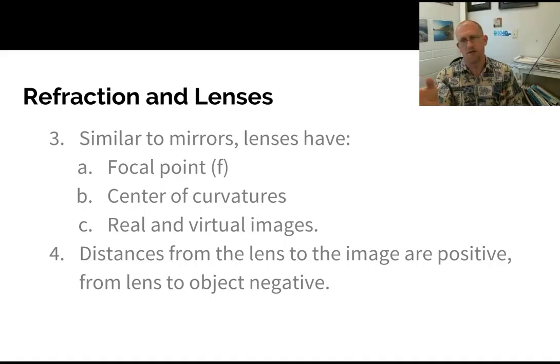Then as it goes out to the image, that will be a positive measurement, and a negative measurement going back towards the object that it's imaging. So think of it as light just travels in the positive direction. It's the light of the object, or light bouncing off of the object, going towards a lens. It's going to move in the positive direction. It'll be moving towards 0, the lens is 0, and then it'll keep moving positive towards the image that it eventually produces.